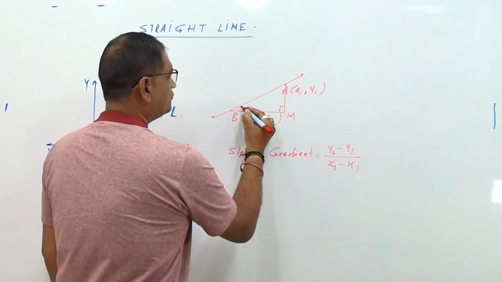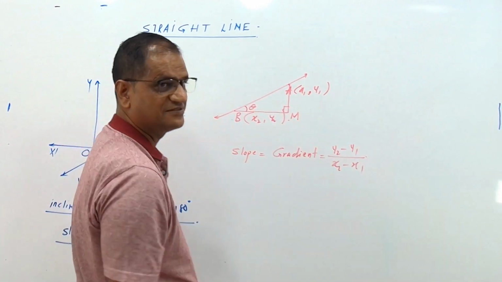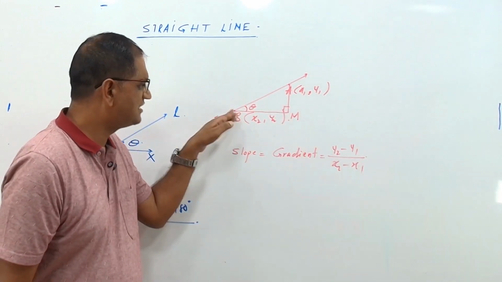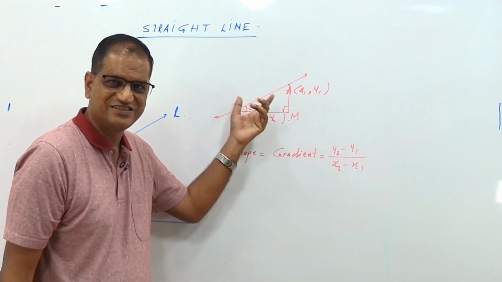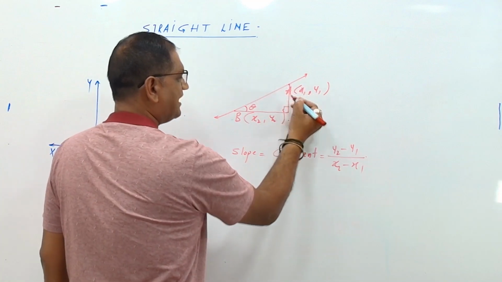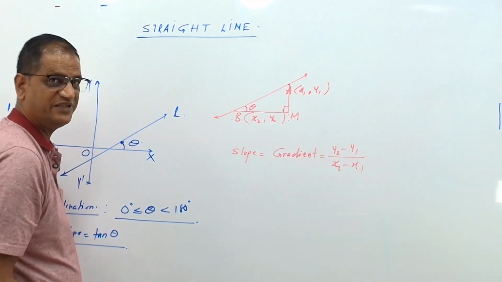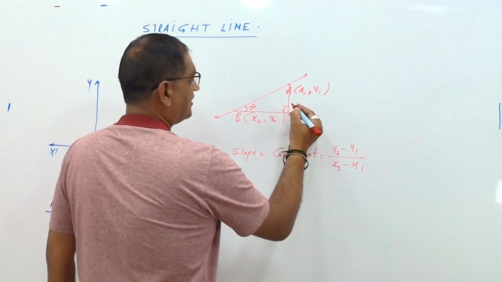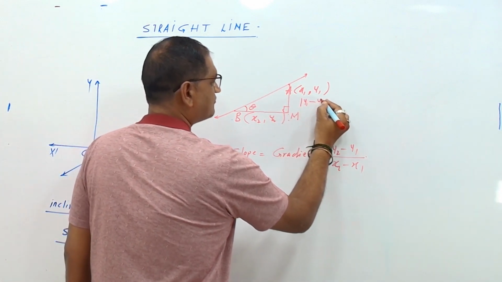So, this theta will be the inclination because this line is parallel to the x-axis. How much will be this length? Tell me. Is it mod of y1 minus y2?